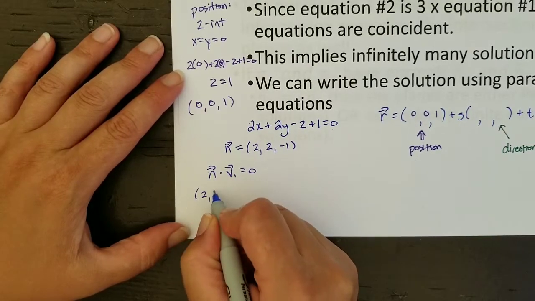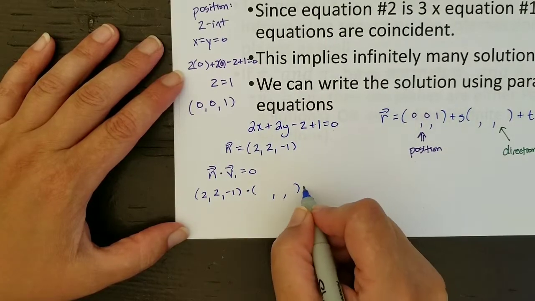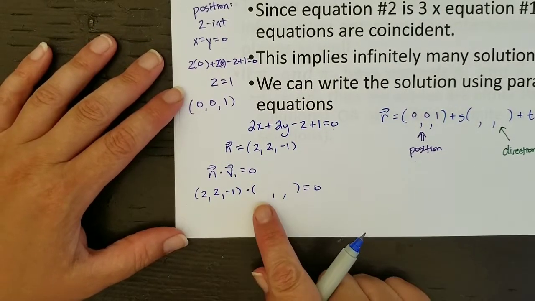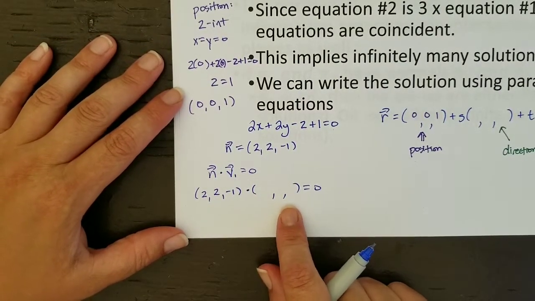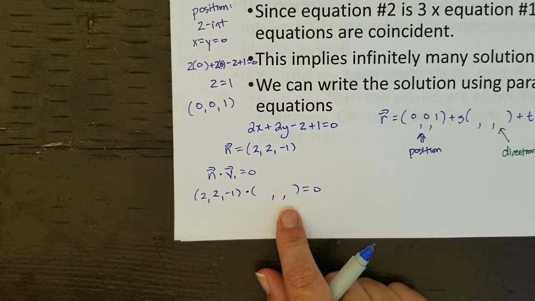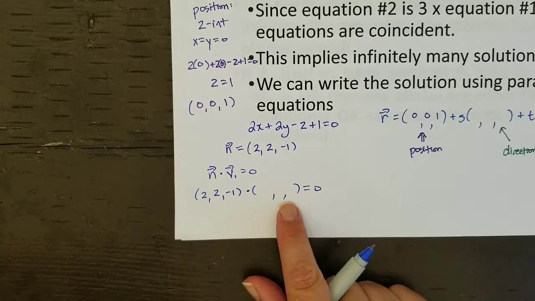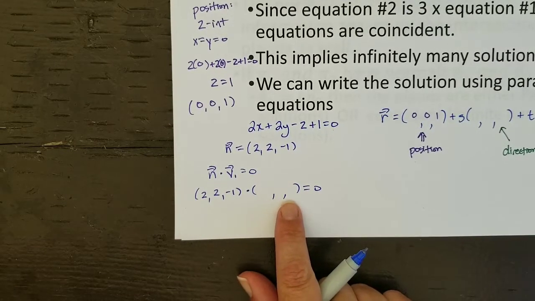So I'm just going to say 2, 2, negative 1, dot with this one equals 0. And we just need to find numbers to fill in here that would give us some kind of perpendicular vector that would make the dot product equal to 0. So you can really just play around with the x's and y's.